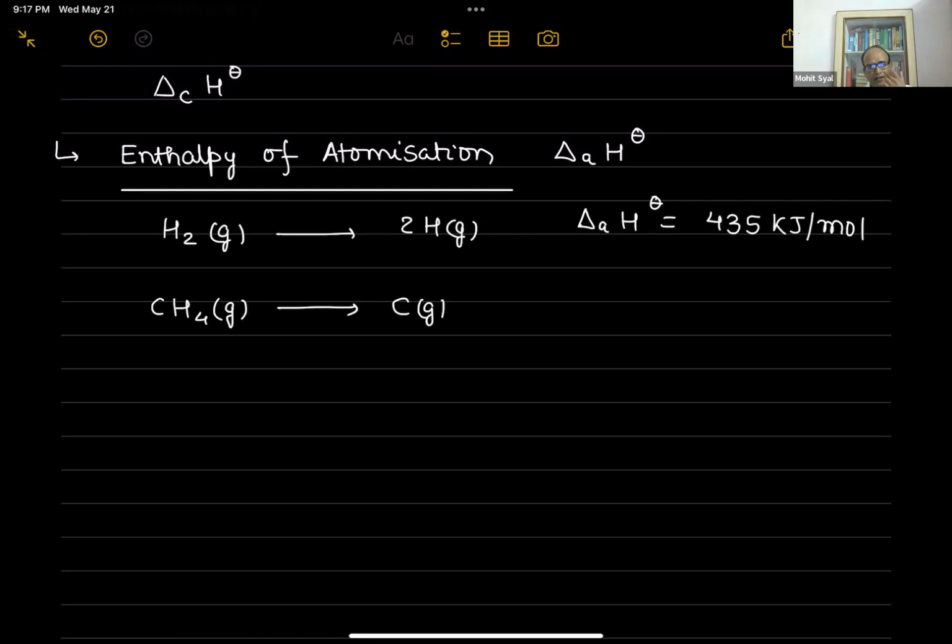So it is the amount of energy which needs to be given to one mole of the substance to dissociate completely into atoms in gaseous state. There are 5 atoms, 1 of carbon and 4 of hydrogen. So when you give enthalpy of atomization, all 5 of them break apart.